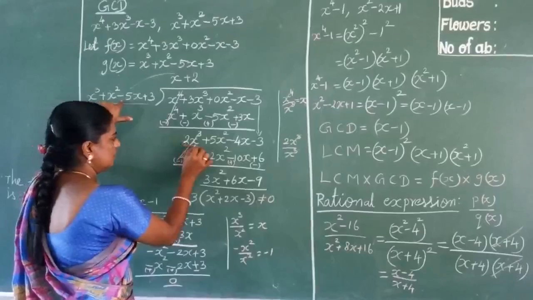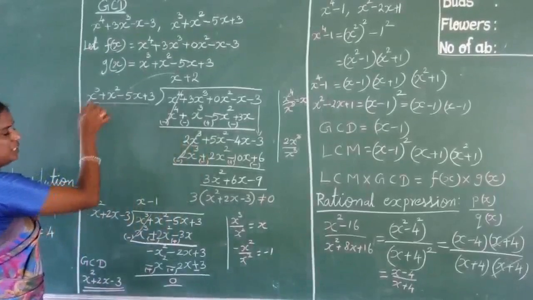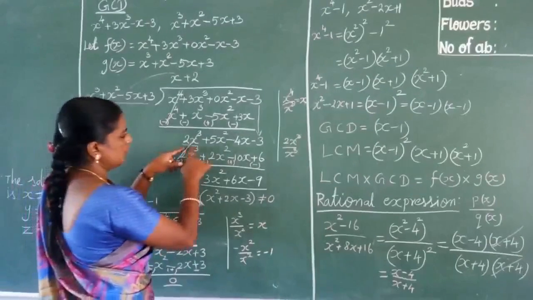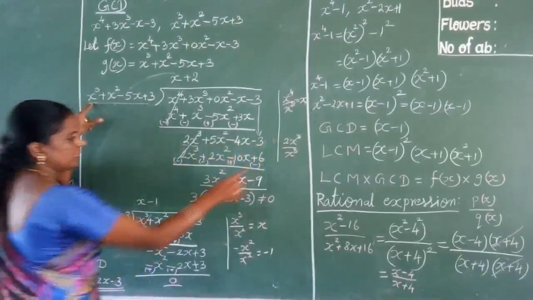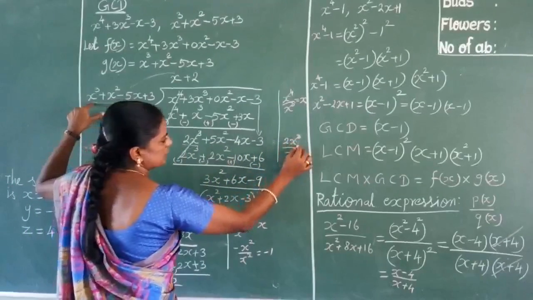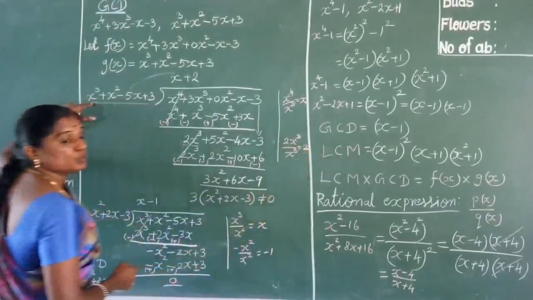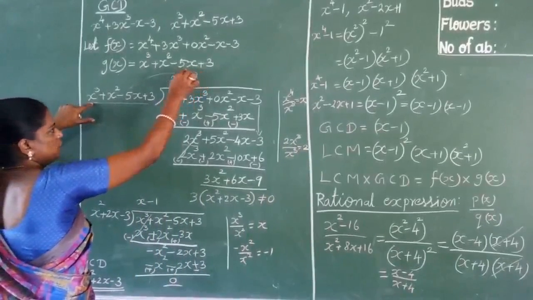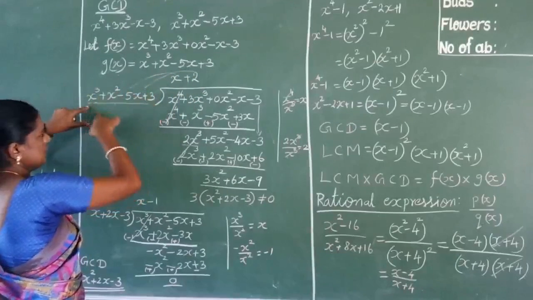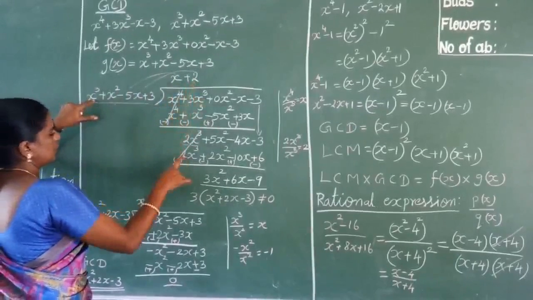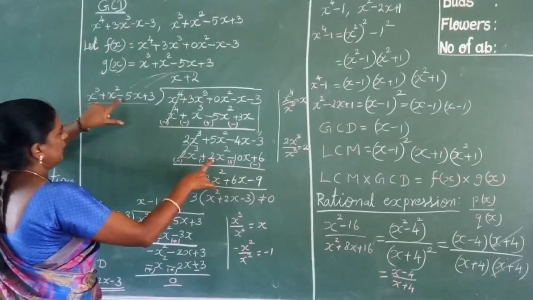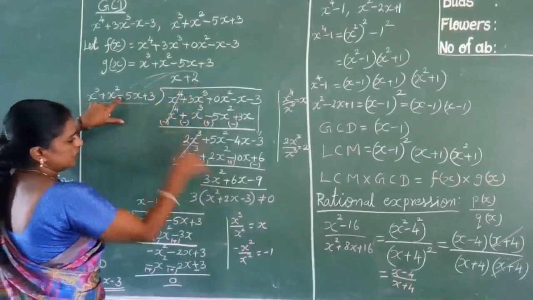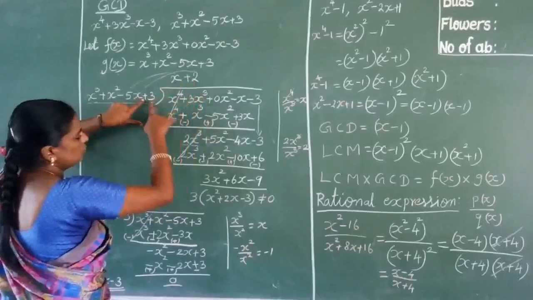And the same, first term divided by the first term of the divisor. So 2x cube by x cube, x cube cancels, we get 2. So plus 2 is written in the quotient. And then multiply 2 into this divisor: 2 into x cube plus 2 into x square plus 2 into minus 5x plus 2 into 3.